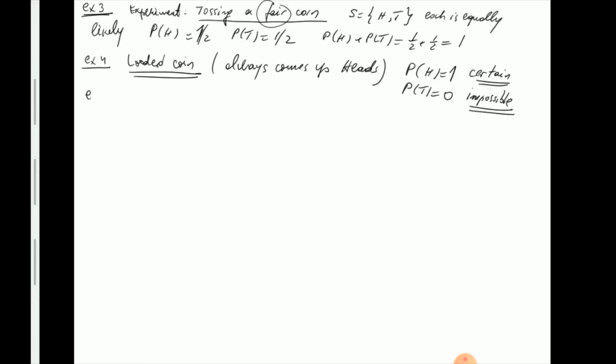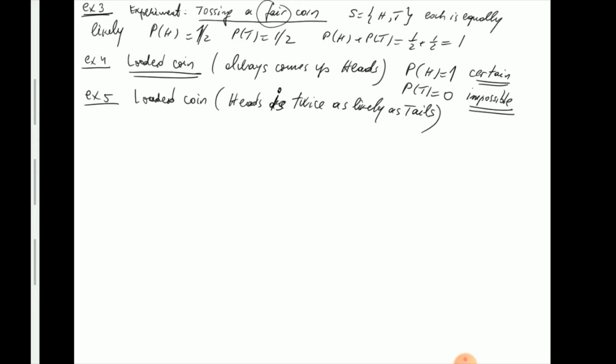Let's say that you have a loaded coin in which the heads is twice as likely as tails to come up. And again, you may guess what the value is for the probability.